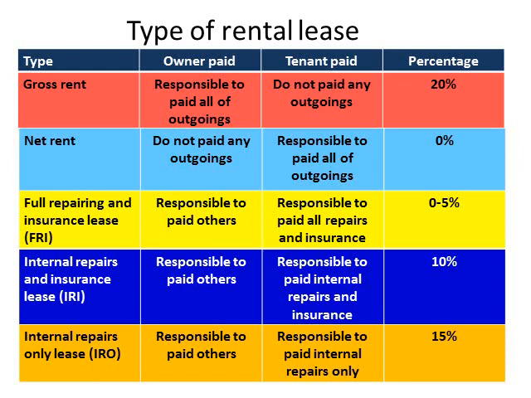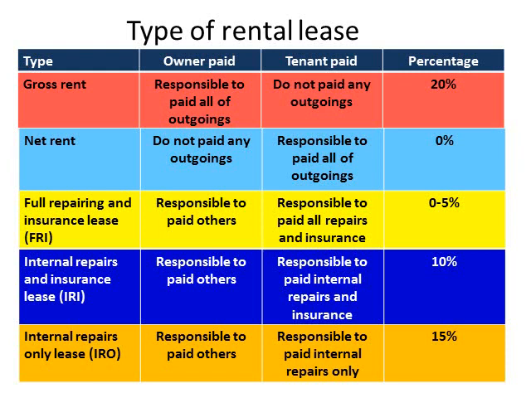So the last one is IRO, internal repairs only. Here, the tenant is responsible to pay for internal repairs only. Then the owner needs to pay all others, which is other than internal repair.